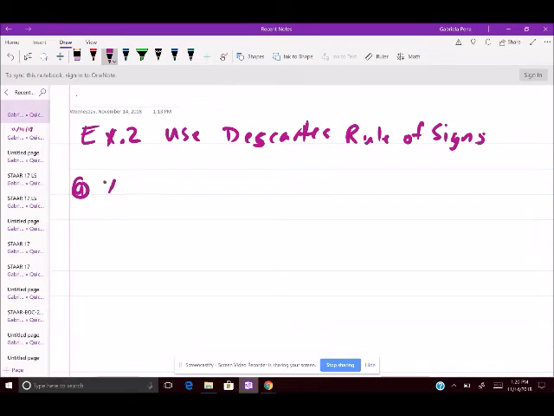Let's say you got x cubed plus 2x squared plus 5x plus 4. So what you're going to be doing in this problem is trying to see how many times your sign changes from term to term. That's what it's called, the rule of signs.